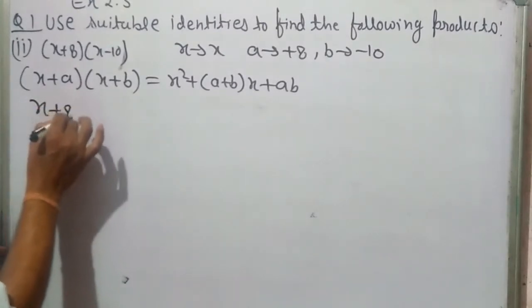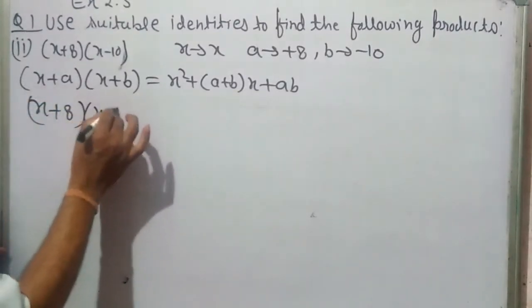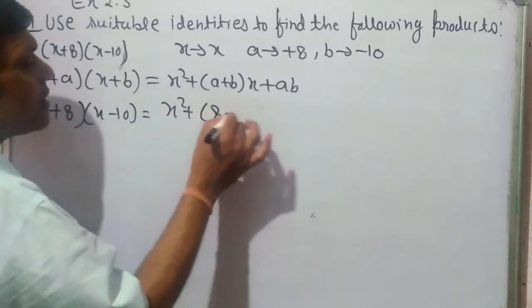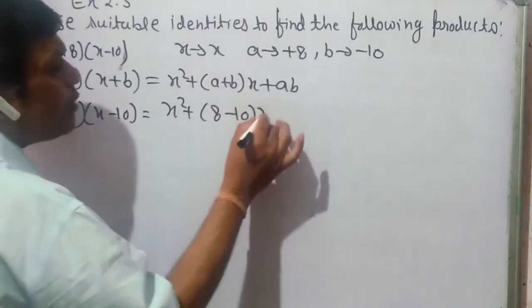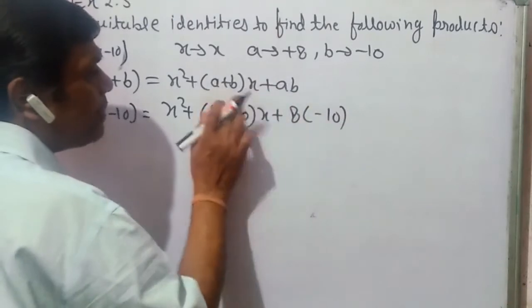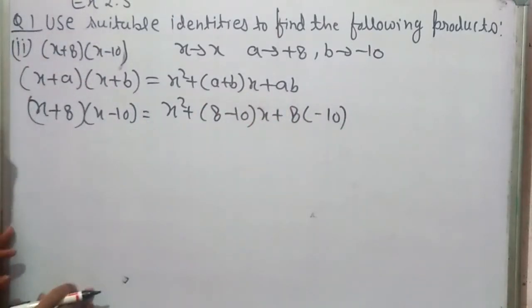So we put over here (x + 8) multiplied (x − 10) should be x² + (8 − 10)x + 8 × (−10). In place of b we are putting negative 10.